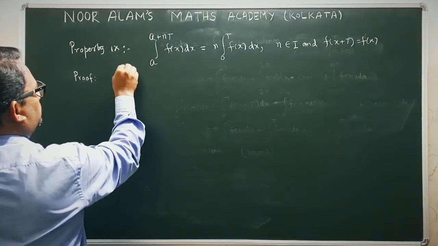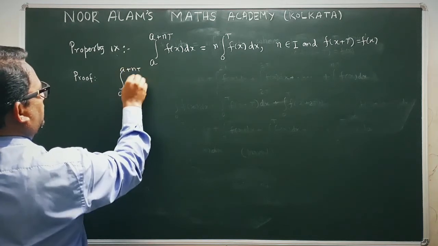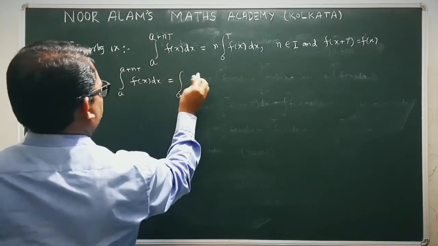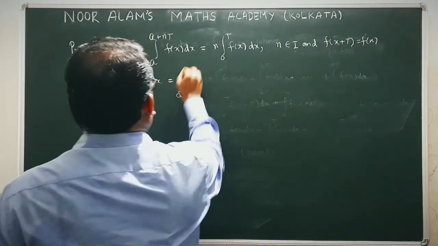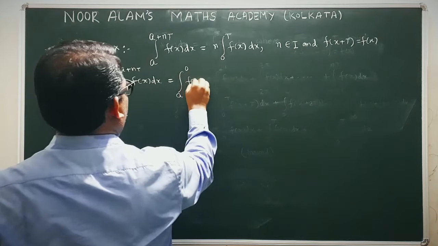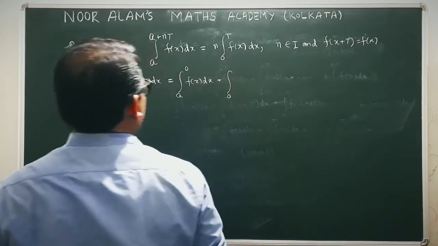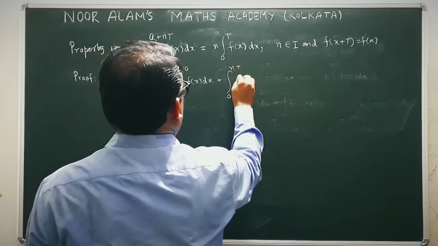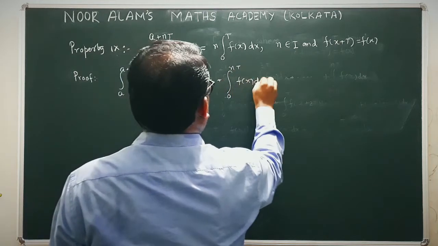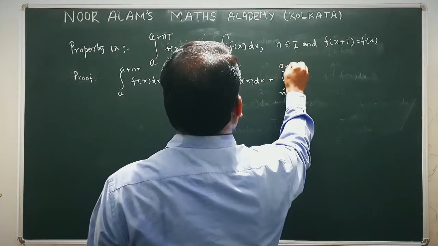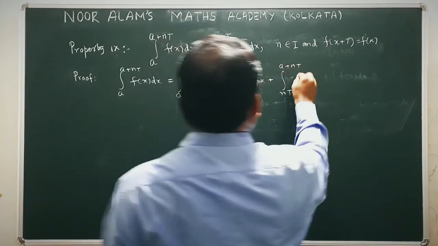Now the integral from a to a + nT of f(x) dx. We can write this property in this way. We can break the interval: the integral from a to 0 of f(x) dx, plus the integral from 0 to nT of f(x) dx, then plus the integral from nT to a + nT of f(x) dx.